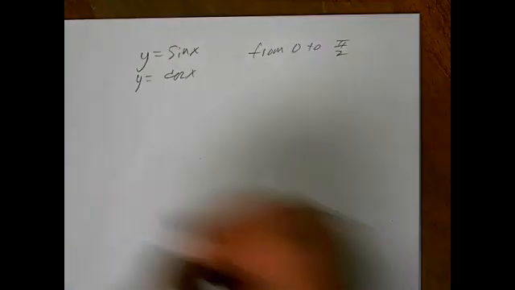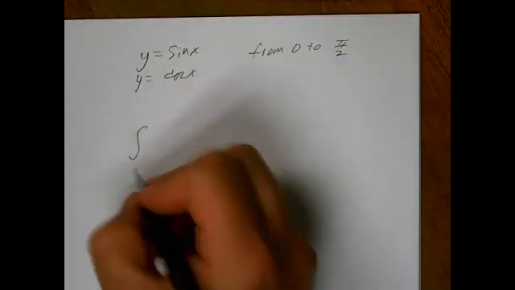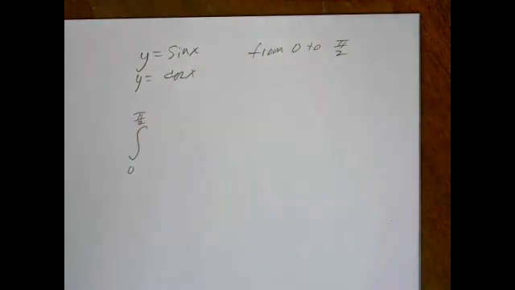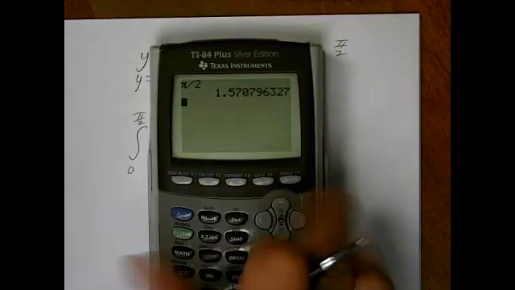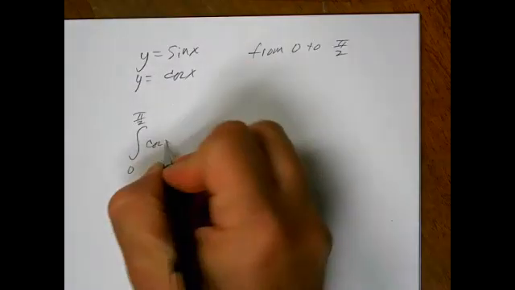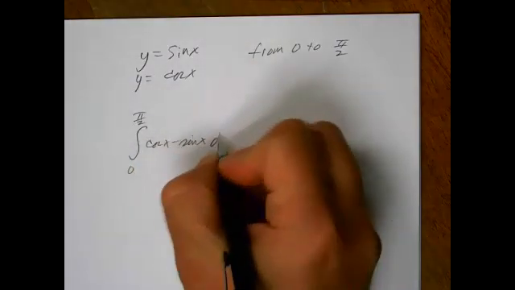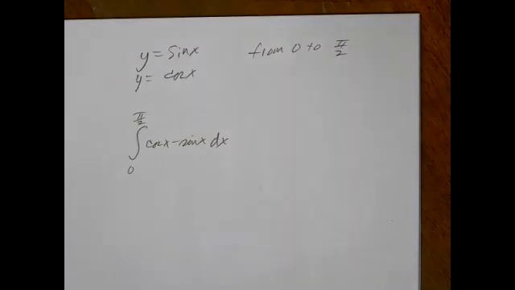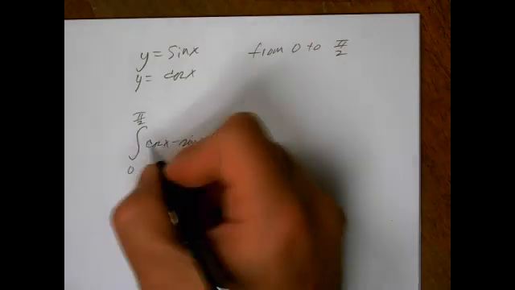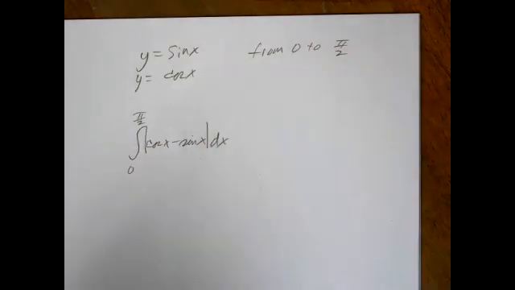All right, we could say we're going to integrate from 0 to pi over 2. And what we saw on this graph was that cosine started on top. So we could say cosine of x minus sine of x dx. And to take care of the problem that occurs when they switch places, we could simply take an absolute value.